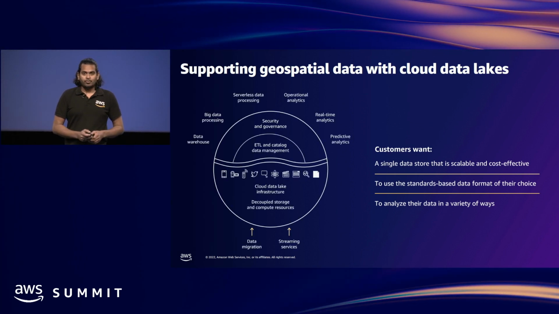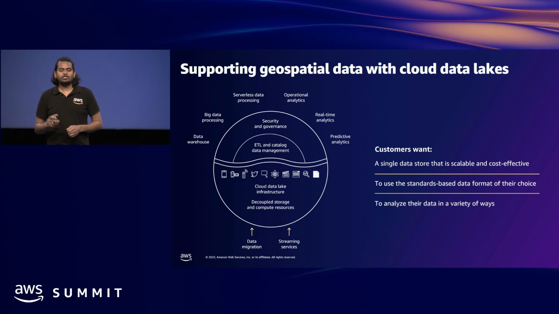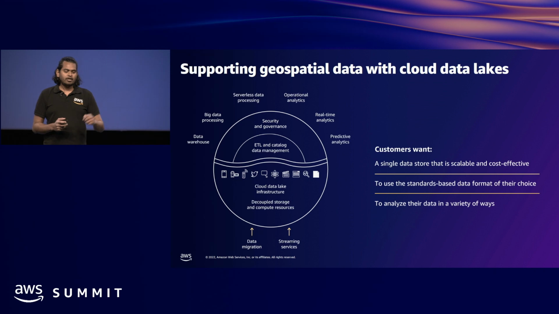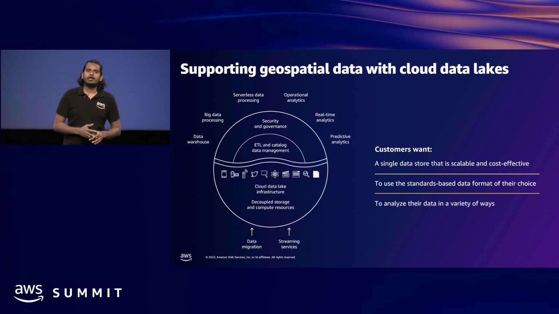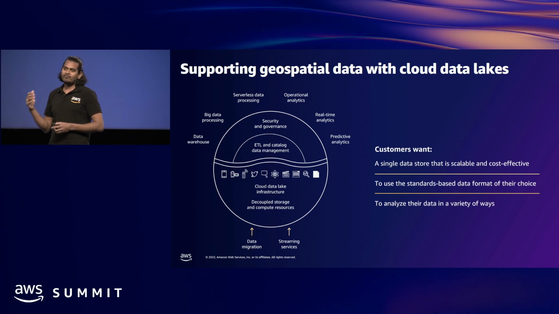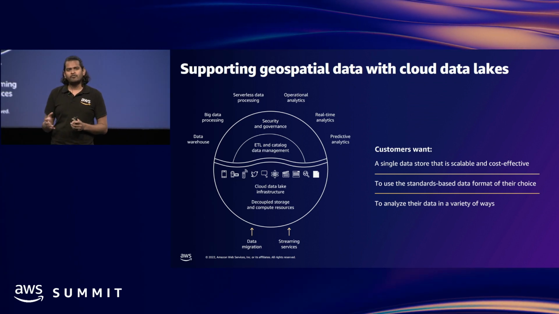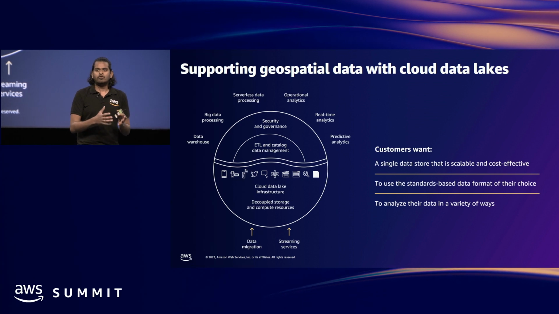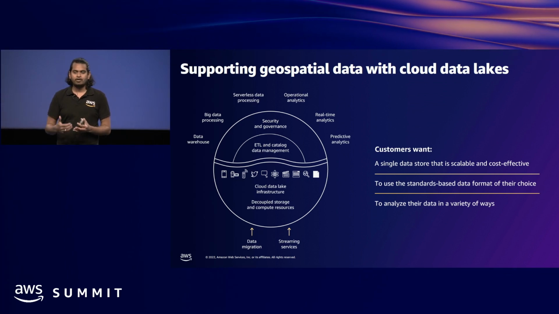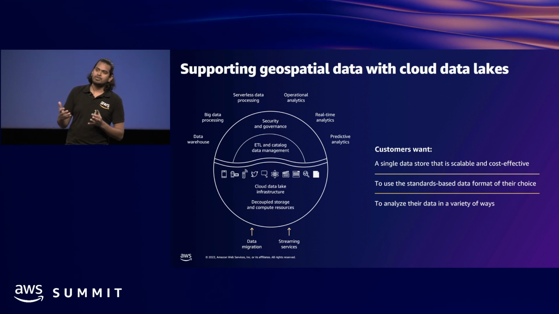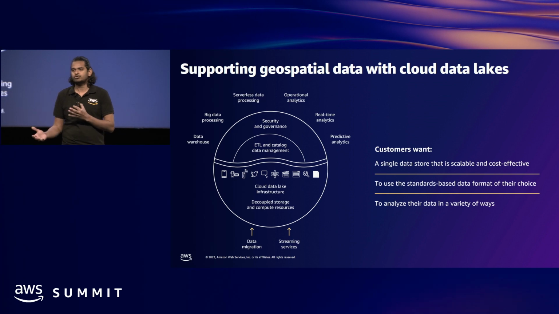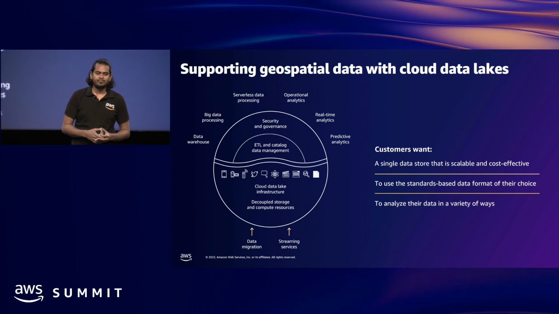So cloud data lakes actually help customers meet all of these requirements. Starting from the very bottom, if you look at the networking ecosystem that cloud services provide, customers can leverage these networking services to get data from their on-premises or existing data stores into the cloud data lake, as well as use the streaming services to get data from streaming platforms like IoT sensors or social media posts into the platform.